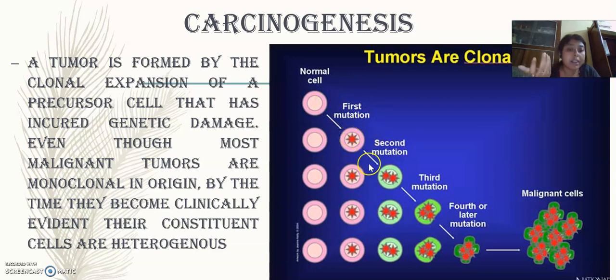Then as the cell multiplies, there is a second mutation, then a third mutation, then a fourth and later mutations. So in every step, you see mutation, and all these mutations lead to the formation of this malignant cell.